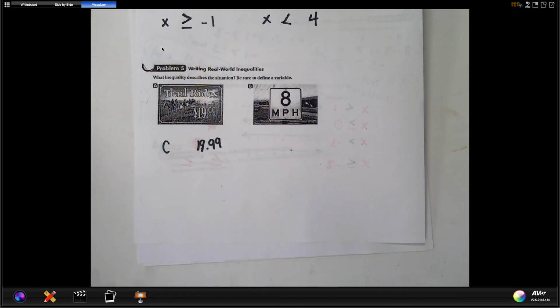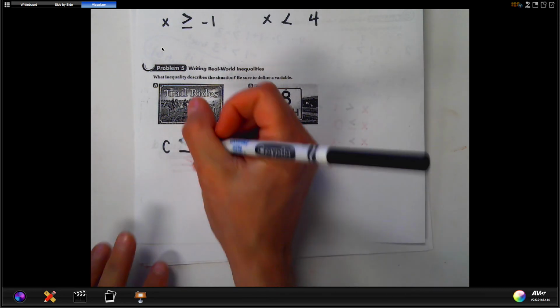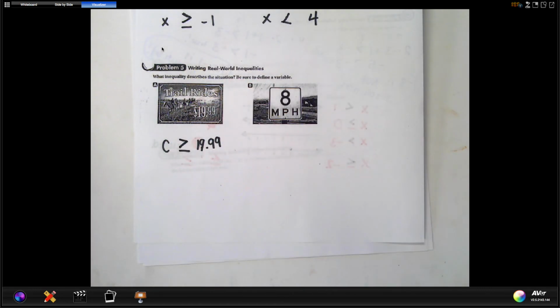If they start at $19.99, can they be $19.99? Yes, so we know we're going to have an or equal to. Can they be $20? Yes. Can they be $19.98? No. So your cost is going to be greater than or equal to $19.99. Make sense?